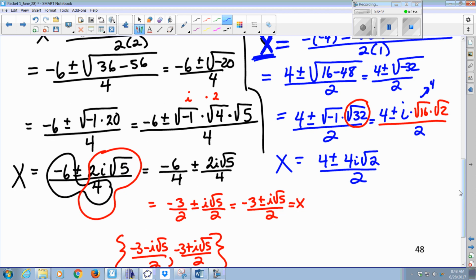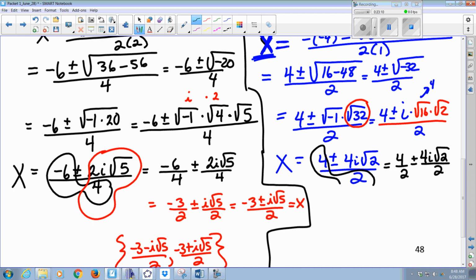We can still reduce it a little bit further. With some reduction here, we see that we get 4 divided by 2 plus or minus 4i times the square root of 2 divided by 2. Again, the common denominator belongs to both of the terms on the top.